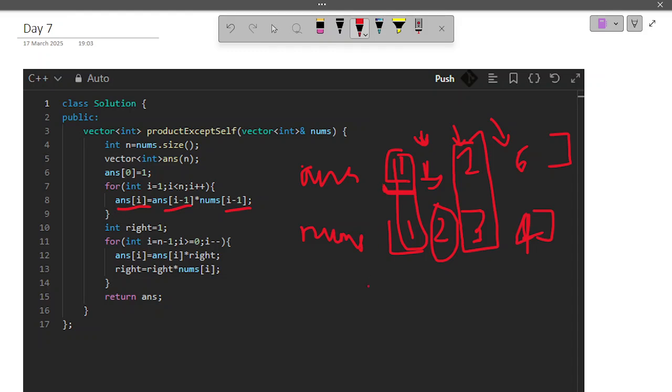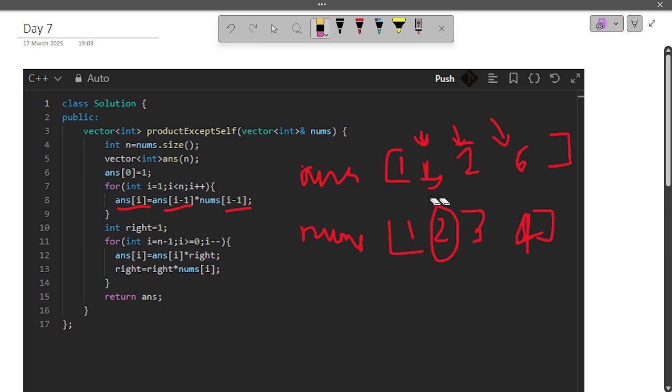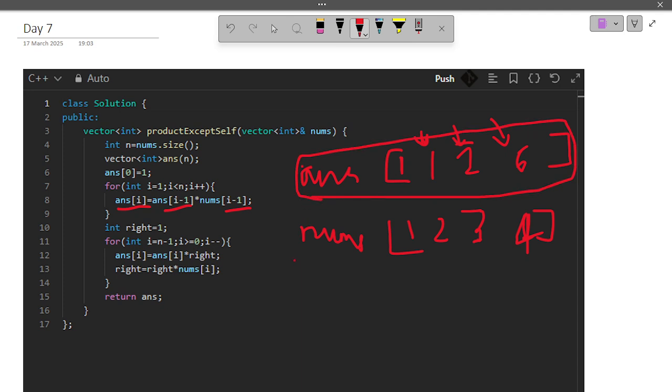So from this you get the answer 1, 1, 2, 6. After that, this is your left array. Okay, now we multiply the right product of all the nums elements into this answer array.